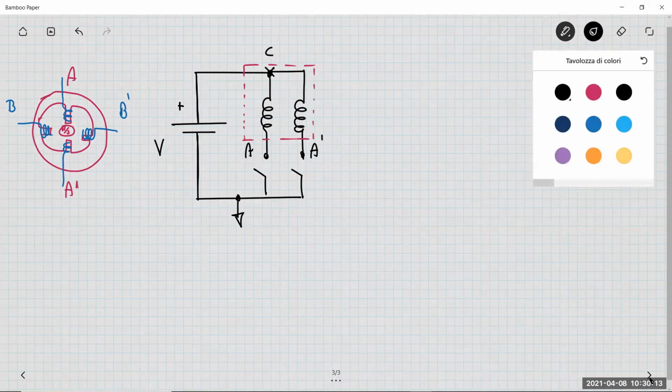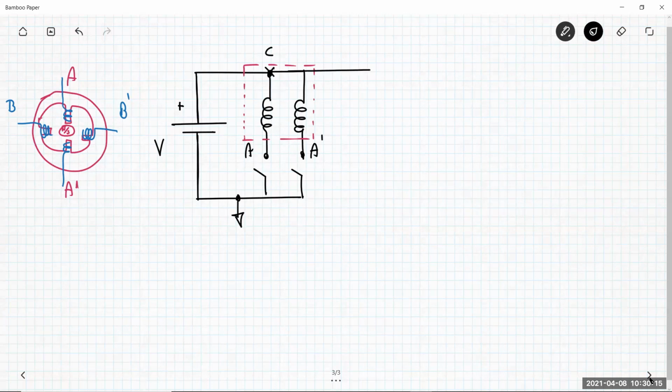And then you have the phase B, in which V is connected to the central terminal. So this is CA, and this is also CB. And then you have 2 other switches.